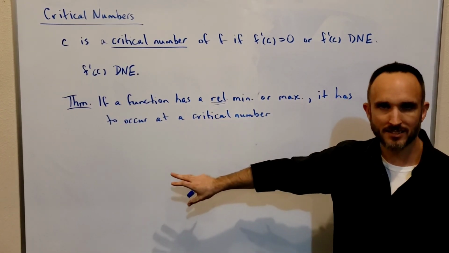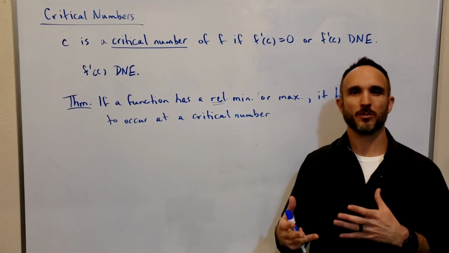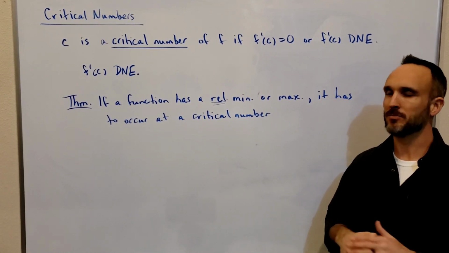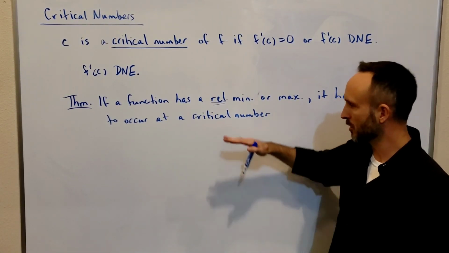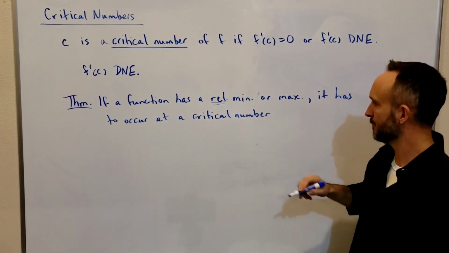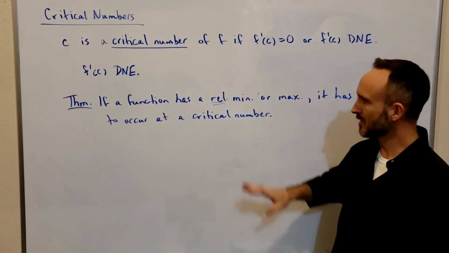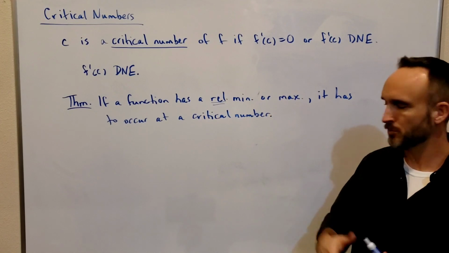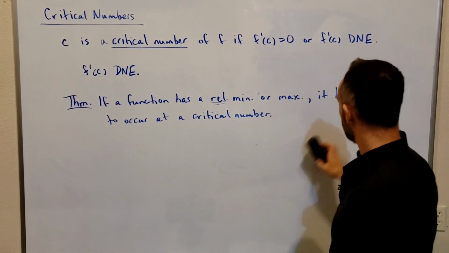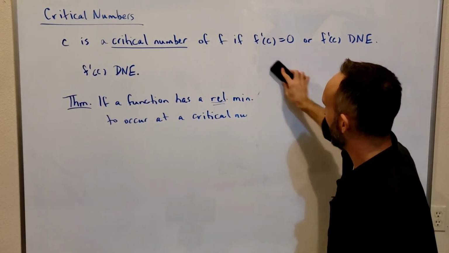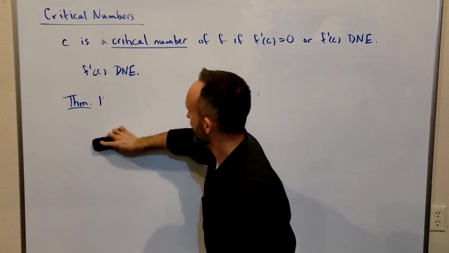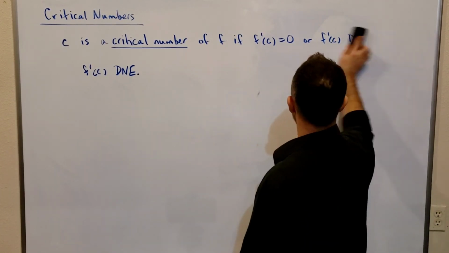We saw several cases, right, where we had critical numbers that didn't yield a relative min or max. But if you're going to, they're going to happen at the critical numbers, all right? So this is the importance of critical numbers. This is why we're interested in them. But now let's practice some of the algebra in actually finding critical numbers.